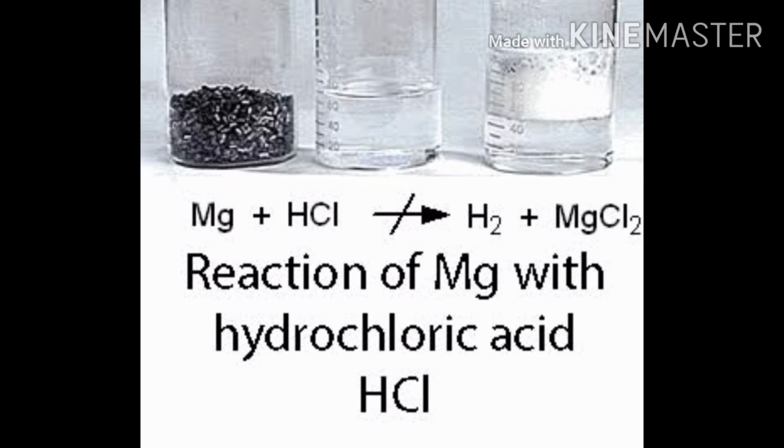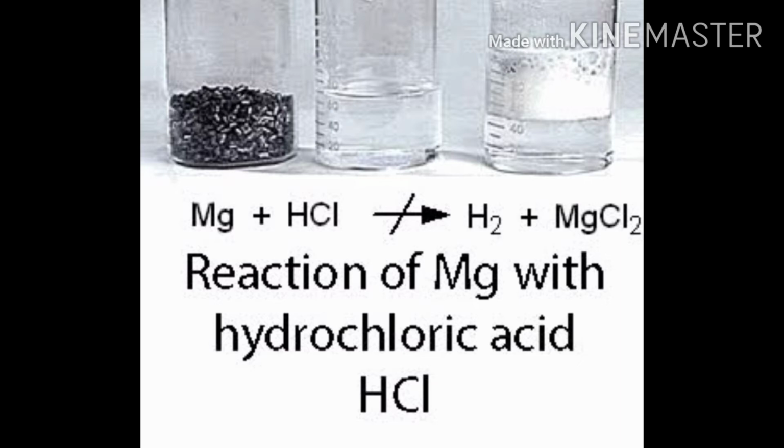Let us see first magnesium metal reacting with dilute hydrochloric acid. Magnesium will react with HCl forming magnesium chloride and hydrogen gas. How will we know that the gas released is hydrogen? We can bring a burning matchstick near the mouth of the test tube in which we have taken magnesium and hydrochloric acid.